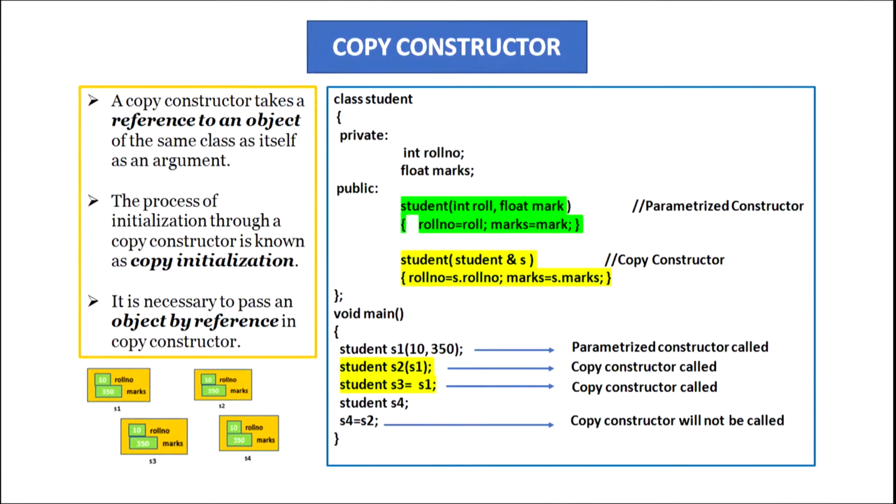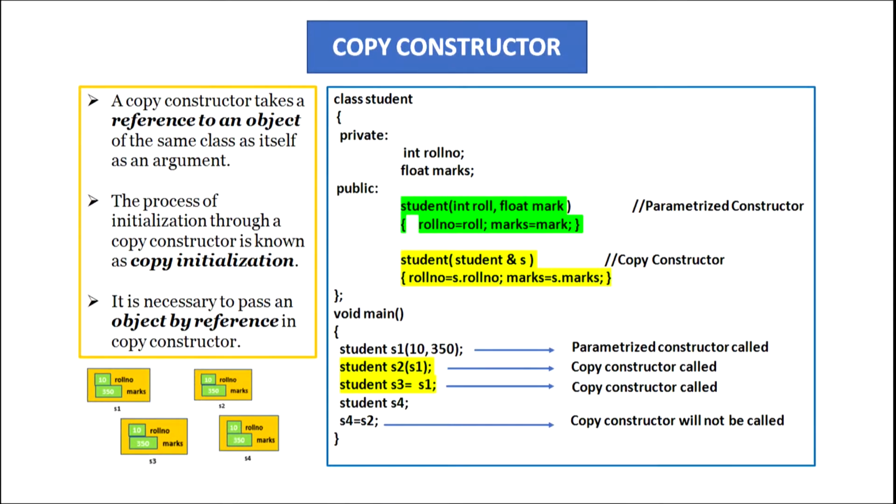In this case the parameter is an object itself, so the copy constructor will be invoked, and S1 and S, you can see in the copy constructor, they will share the same memory, and the data of S1 is used to initialize the data members of S2. So, in roll number we will get the value 10 and marks will get the value 350.